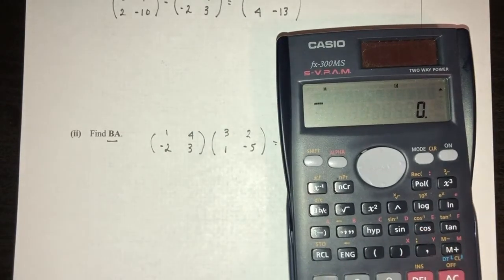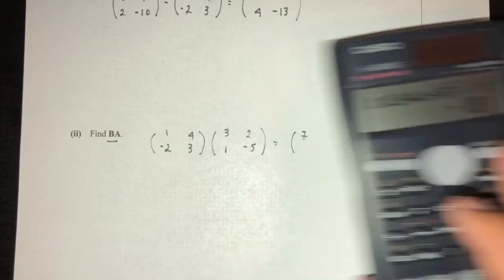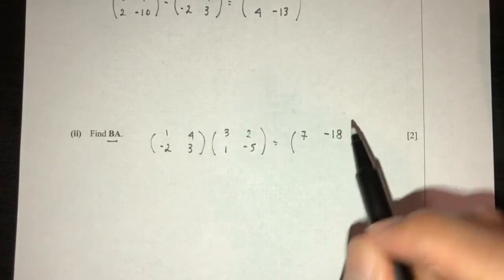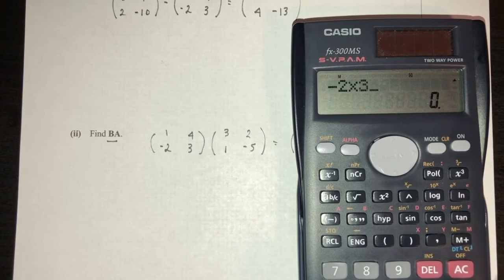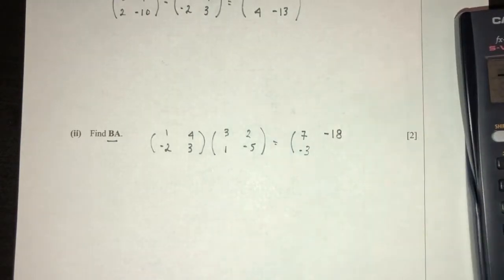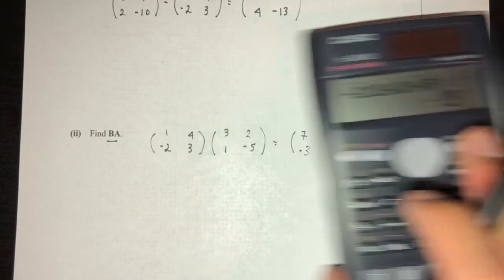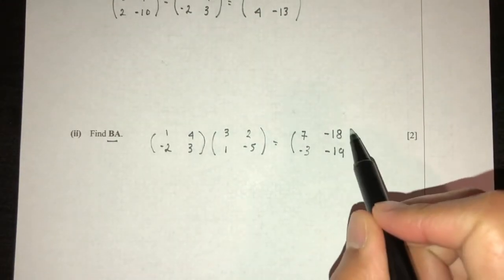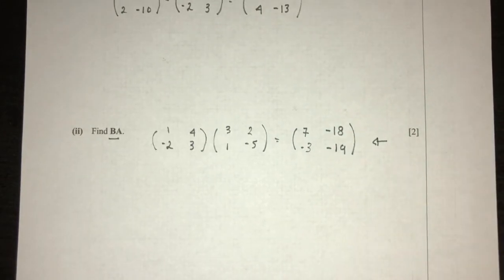And you will have 1 times 2 plus 4 times minus 5, minus 18. Now for this one, minus 2 times 3 plus 3 times 1, that'll be minus 3. And then we have minus 2 times 2 plus 3 times minus 5, that'll be minus 19. So this is your answer for part 2 of this question.